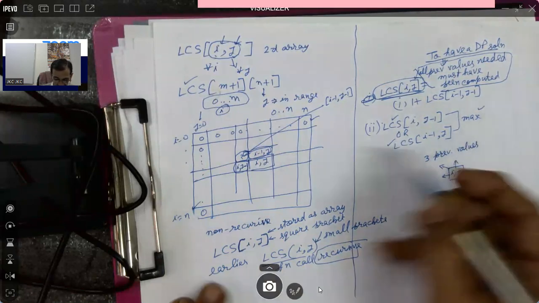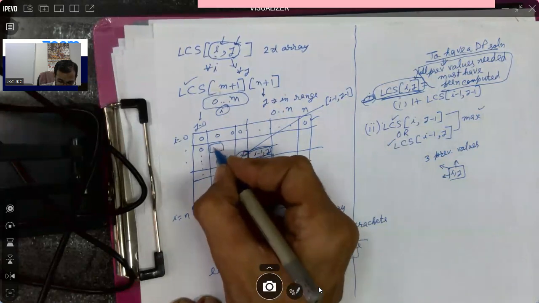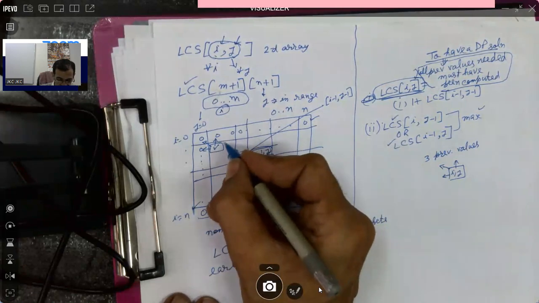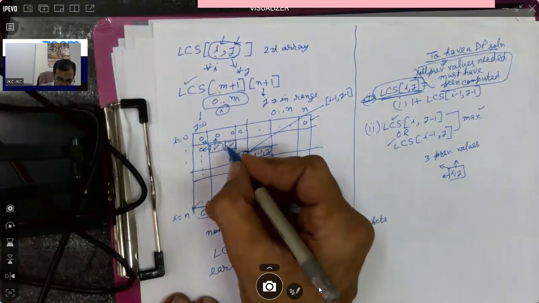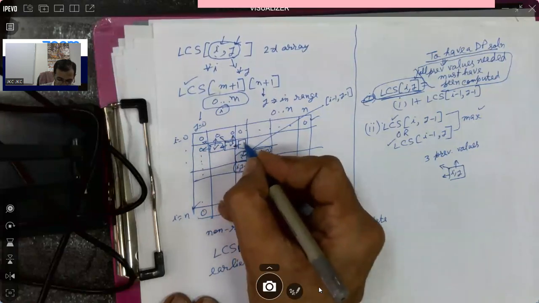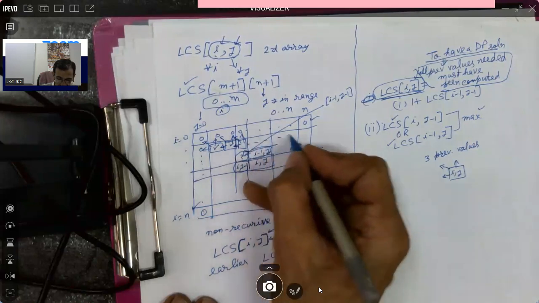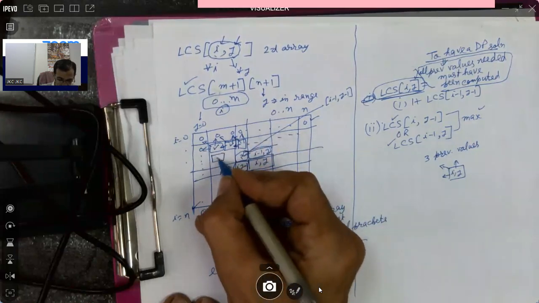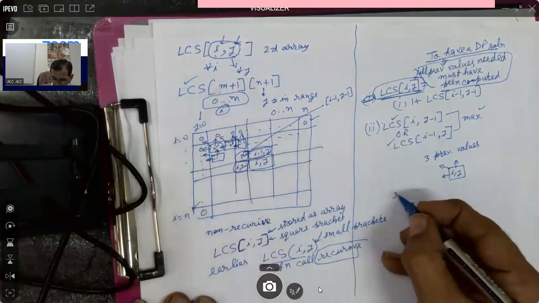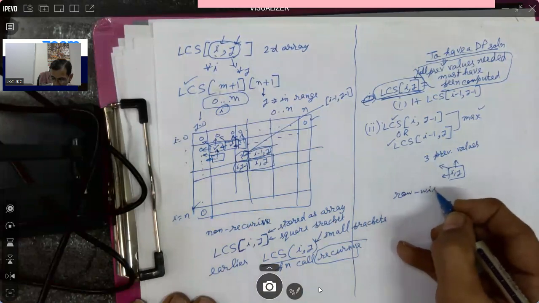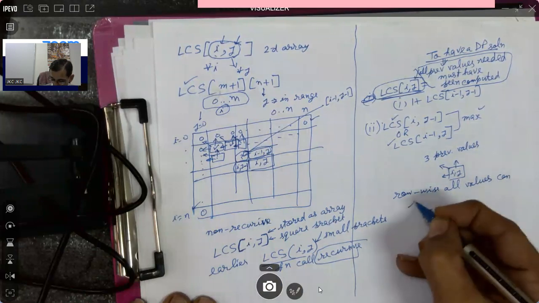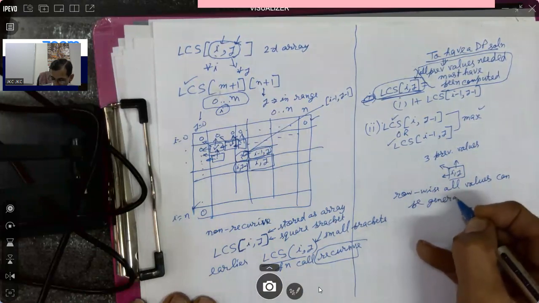I can easily see that if I try to compute this value now, all 3 values are ready. After this, if I try to compute the next value, all 3 values are ready. Then I can compute the next value, all 3 are ready, and so on. Similarly, when I compute this value, all 3 are ready. So effectively, row-wise, all values can be generated in that order, from left to right.